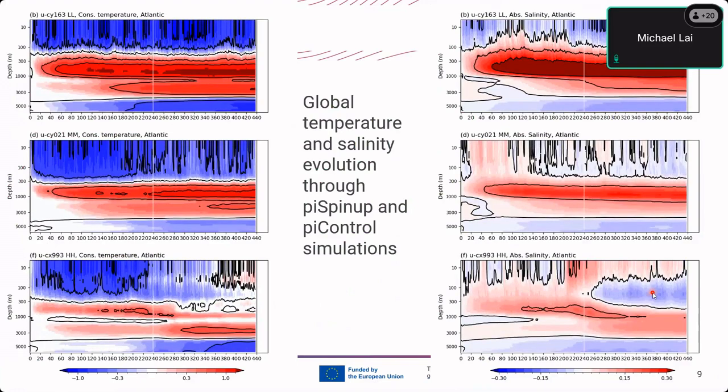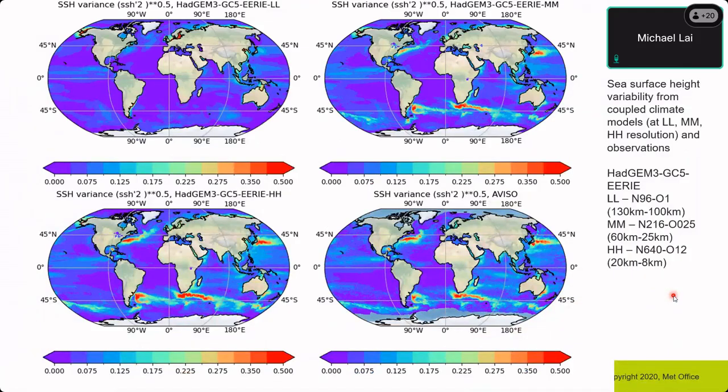And in the Atlantic, perhaps it is even more stark that the state that you end up in with the high resolution is rather different from the low resolution, both in temperature to some extent and in salinity to quite a large extent, where you get this increase in salinity in the thermocline at low resolution, which is not nearly as bad or in the same place, at least at high resolution. We've kind of got metrics for that.